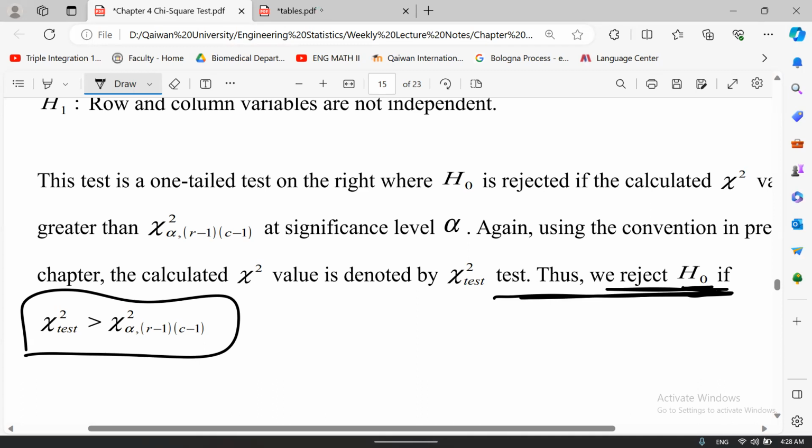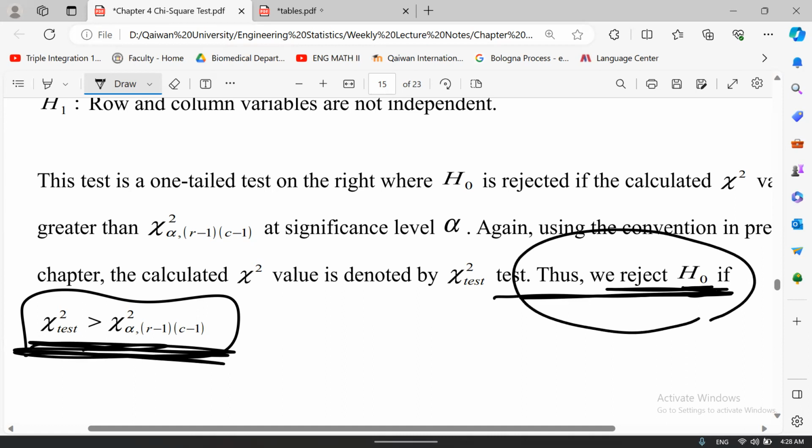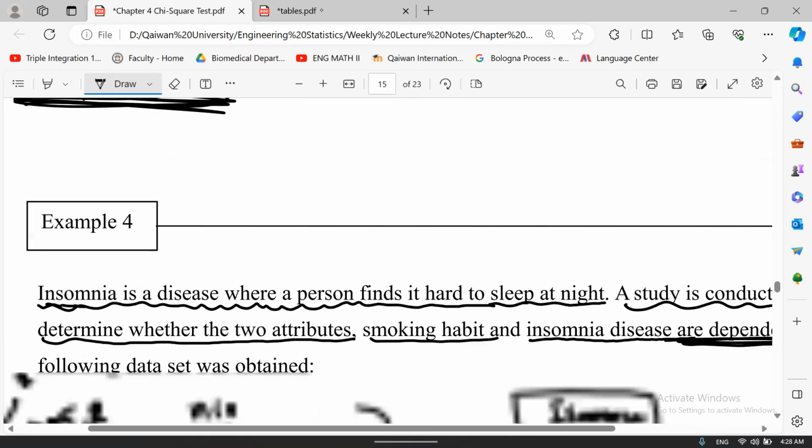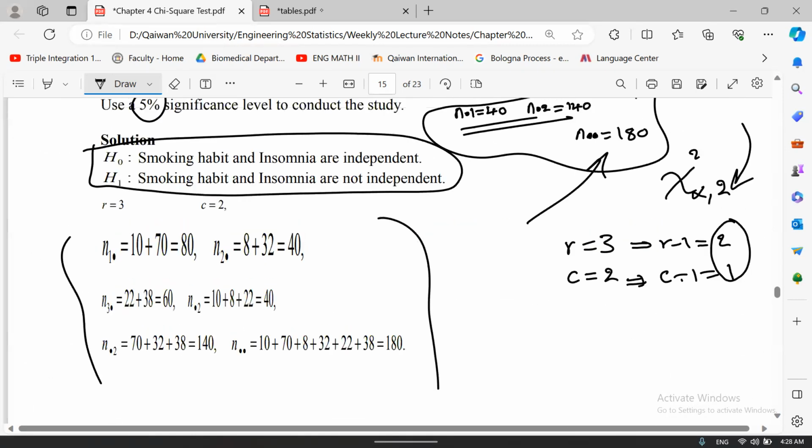If it's not, meaning the chi-square test is less than the chi-square from the table, we accept H naught. We accept the statement that smoking and insomnia are dependent. But if we get the other case, we reject H naught, and we say that statement is not true. The alternative to that statement is H1.